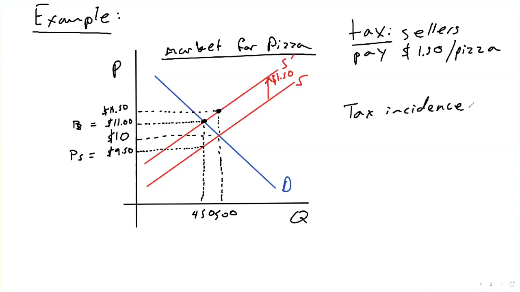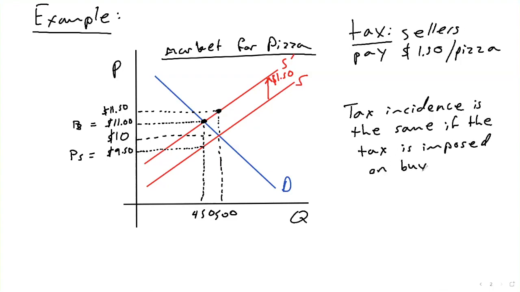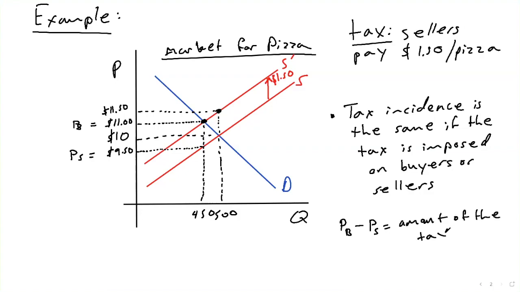And so this highlights an important point. The tax incidence is the same if the tax is imposed on buyers or sellers. Another way to think about this is that the price the buyer pays minus the price the seller receives will always be the amount of the tax.